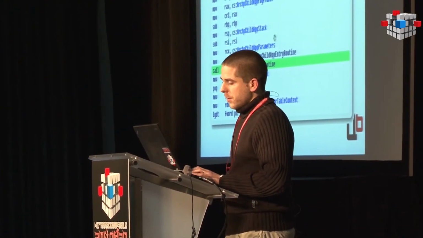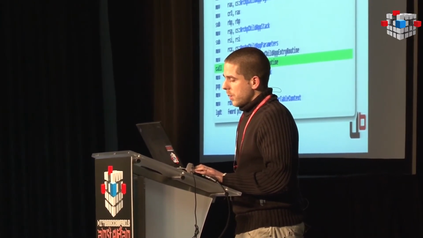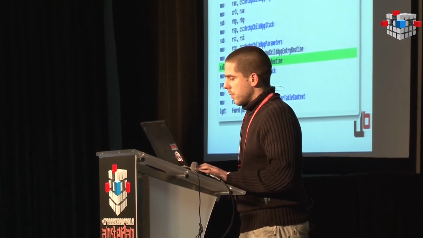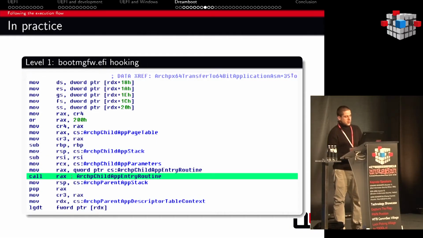So here's the disassembly slice of the function we hooked. In fact, it's very difficult to pronounce, but this function transfers the execution flow to WinLoad when call RAX is executed.